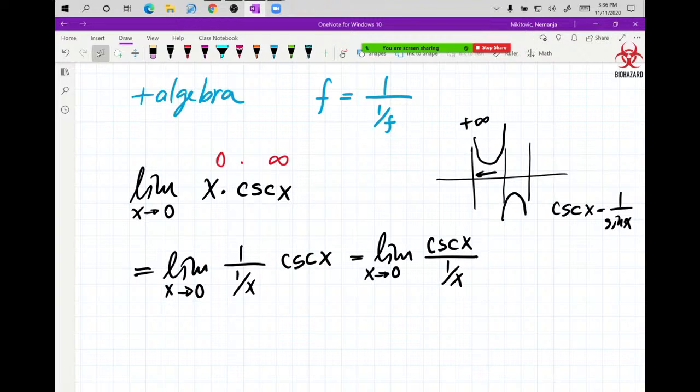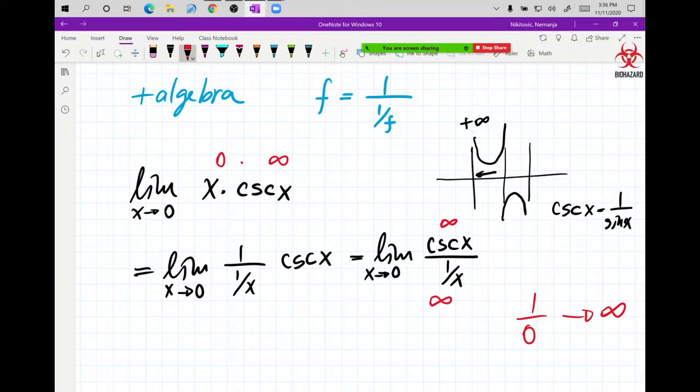And now when you check, the top is still infinity, right? Because it's the same function, cosecant, as before. But look at the bottom now. As you plug in 0 for x, you get 1 over 0, and that goes to infinity. So the bottom is now infinity.